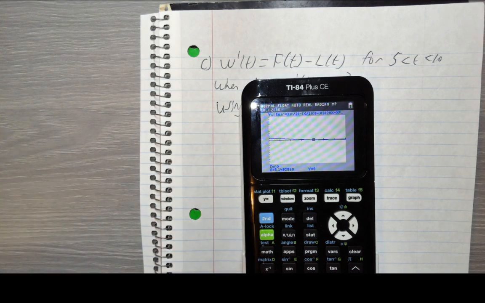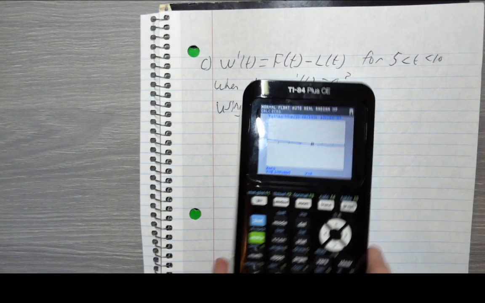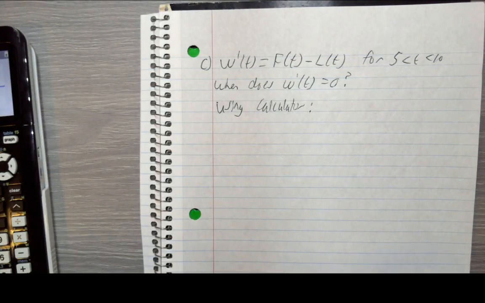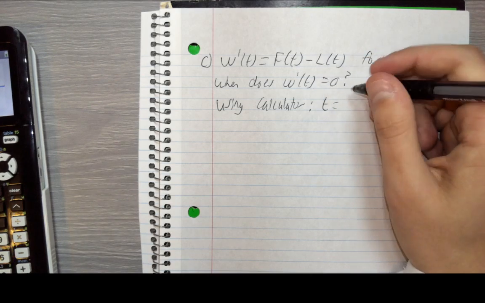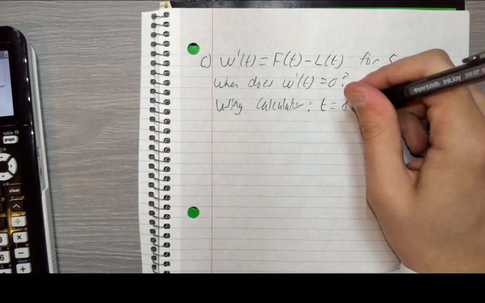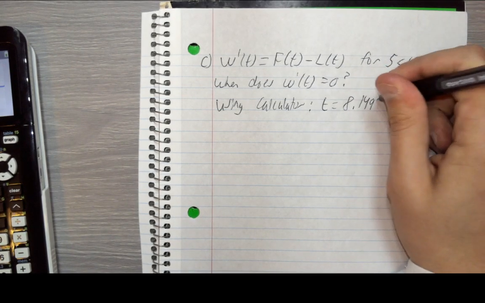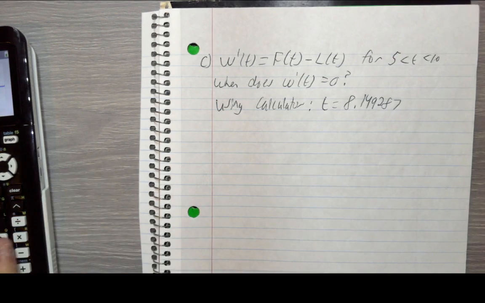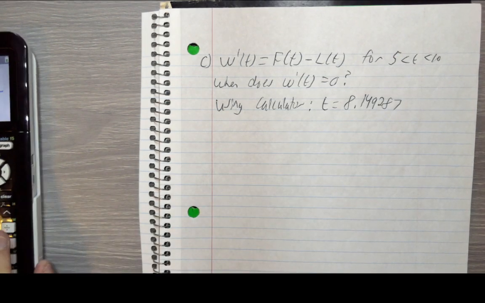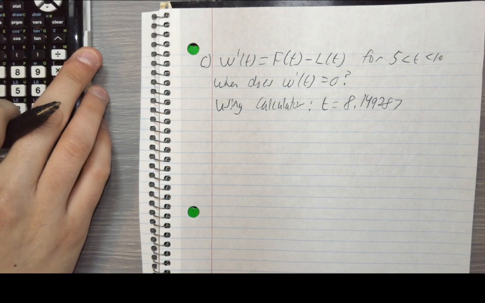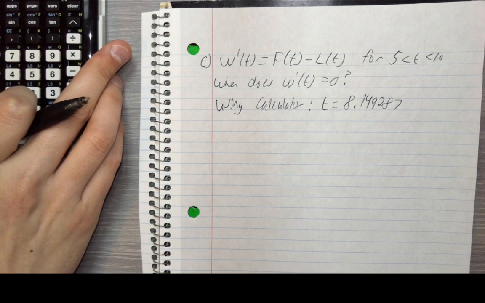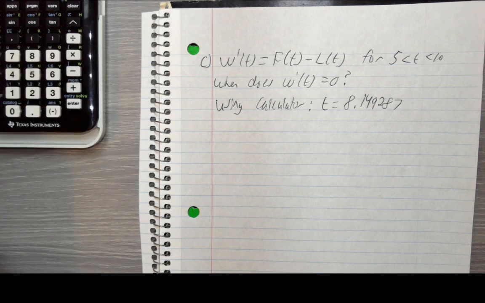It's hard to see for you guys. My 0 is at 8.149, blah, blah, blah. So the time where w prime equals 0 is at t equals 8.149287. Okay, and the actual question says, is there a time at which the rate of change, and then give a reason.